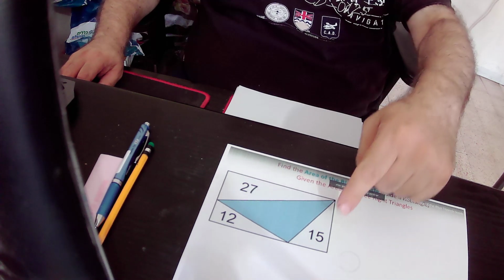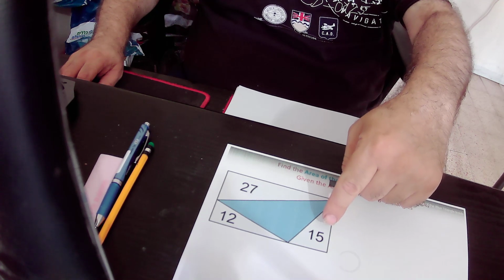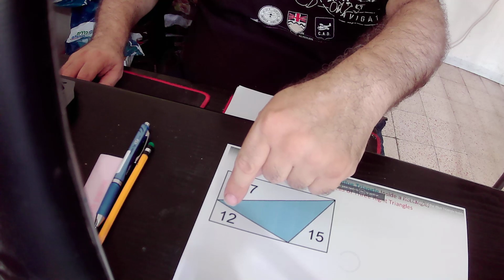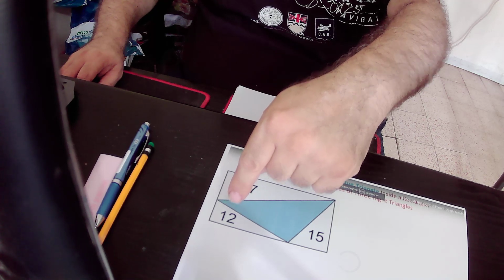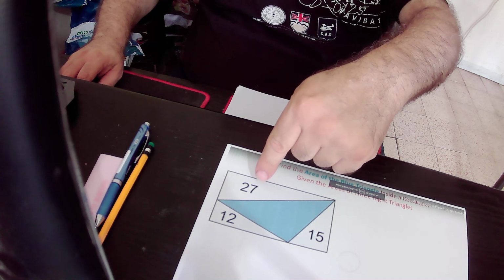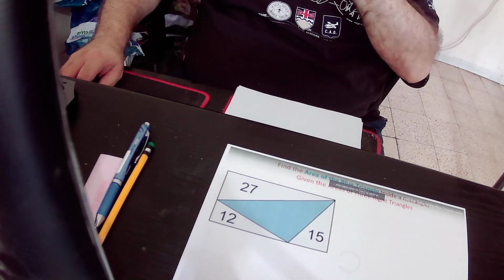The area of this right triangle is 15 units, the area of this right triangle is 12 units, and the area of this right triangle is 27 units.